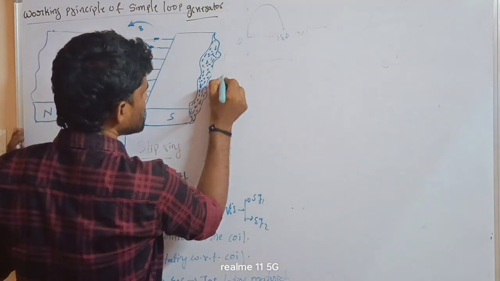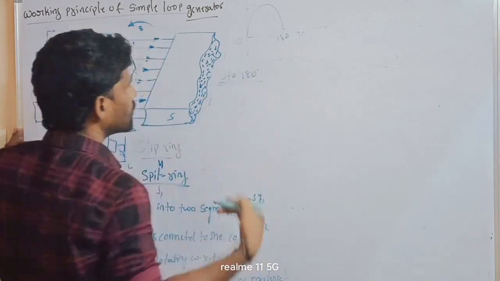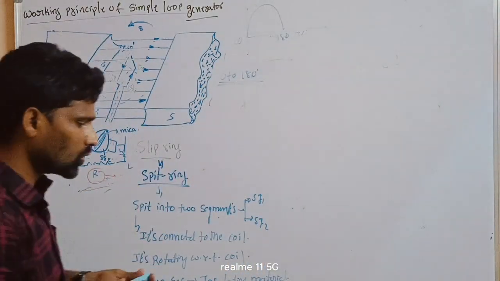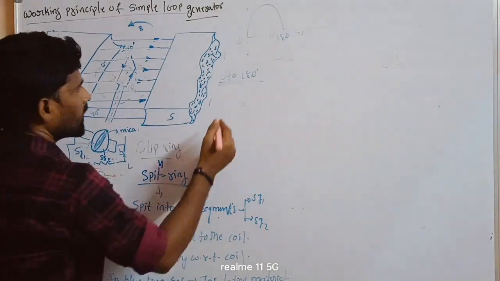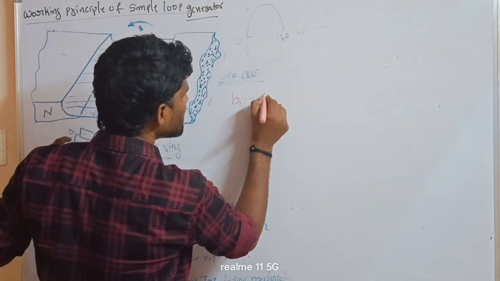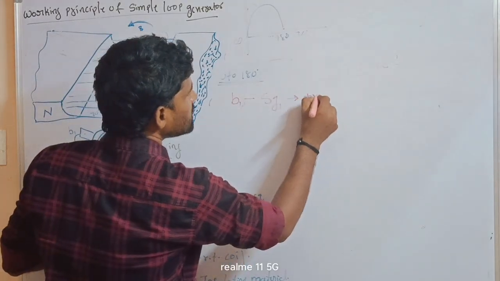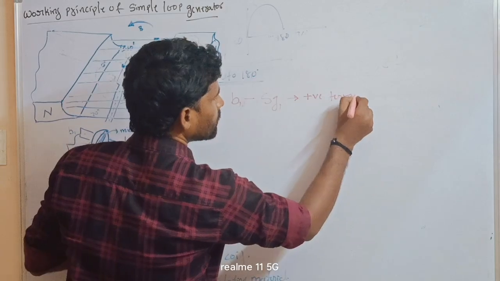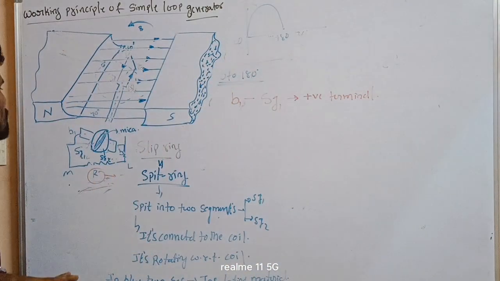So B1, brush 1, is connected to segment 1, commutator segment 1. Let us say it is connected to the positive terminal.